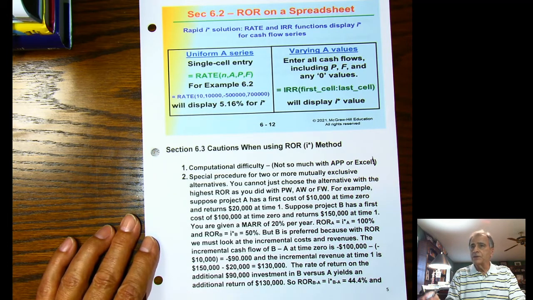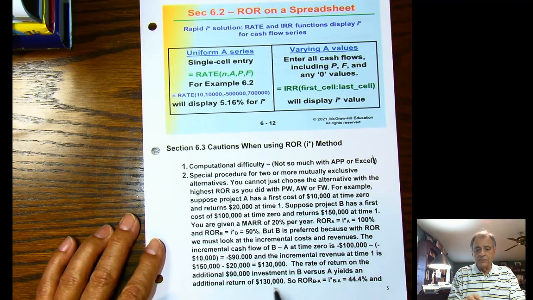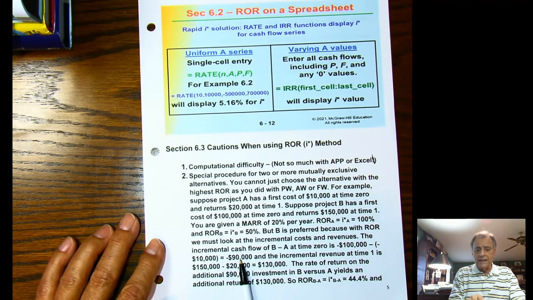Well, how much return do you get at time 1 in addition if you do the extra $90,000? For B, you get $150,000 at time 1. For A, you get $20,000. So the difference in the return is $130,000. So if you look at the difference, you invested an additional $90,000 and you got $130,000.